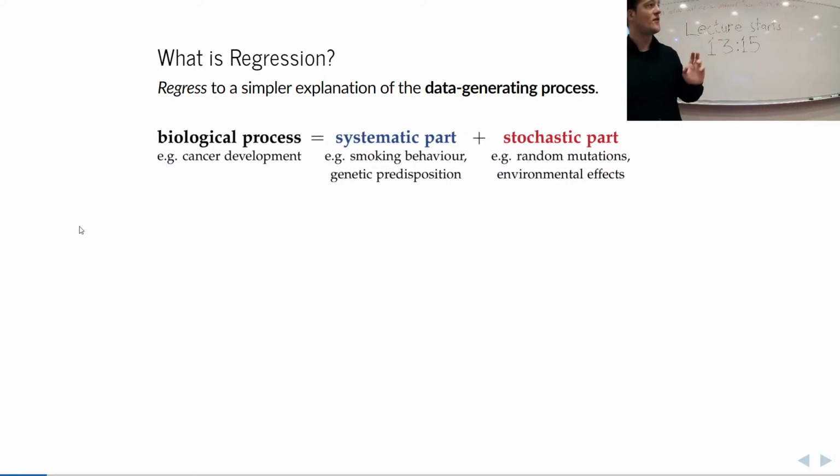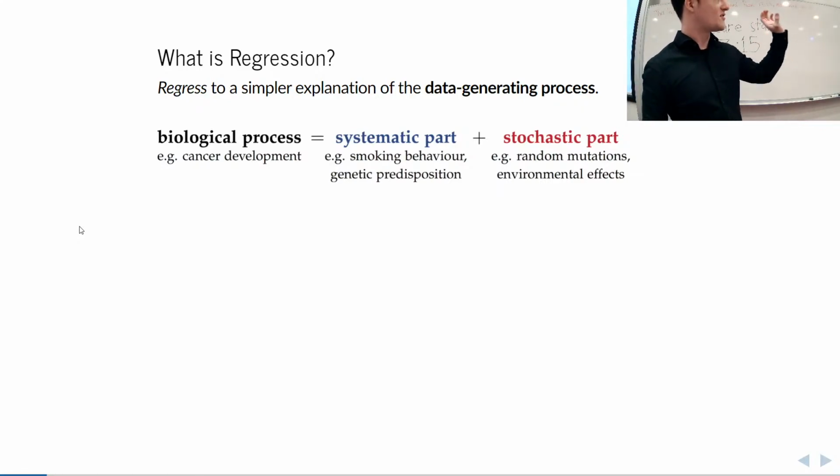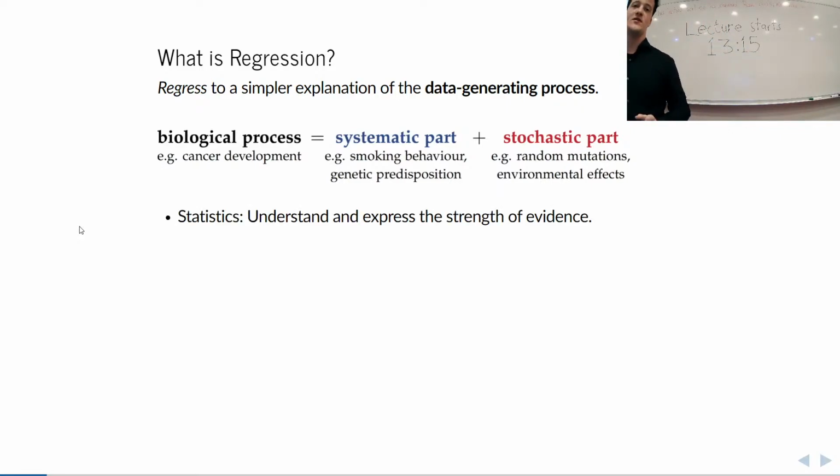So it's really important to understand that regression is about extracting that systematic part, and that the stochastic part is what we make all the assumptions about. Statistics is, very generally speaking, about understanding and expressing the strength of evidence. We'll come back to that in the study design lecture, which used to be day 4, but I think Harald would like me to do it earlier.